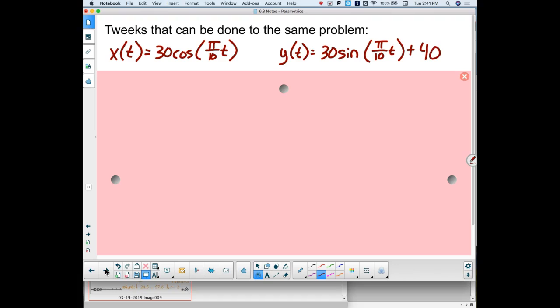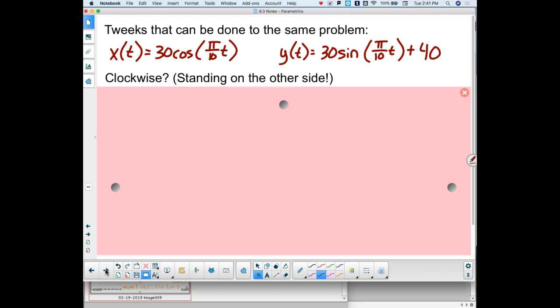We were going around in a counterclockwise unit circle direction, correct? Okay? What if I wanted to spin that? What if the carny decides he kicks it in reverse, and now we want to go in a clockwise direction? What tweak needs to be made?